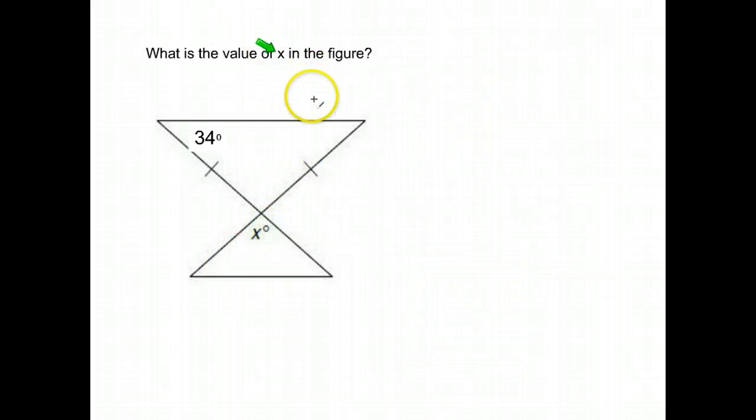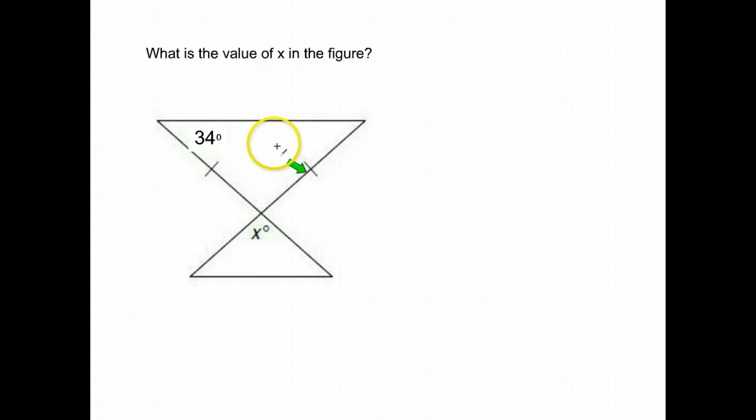What is the value of x in the figure below? Okay, so let's take a look at what we have. Based on the lesson we're in right now, remember that 2 sides the same length in a triangle means it's isosceles.